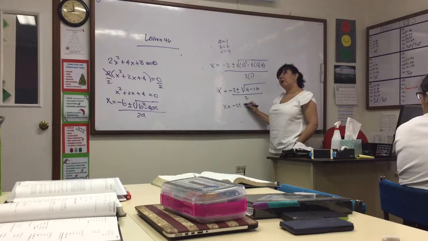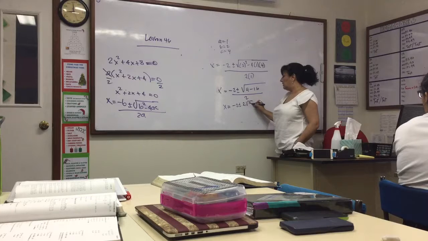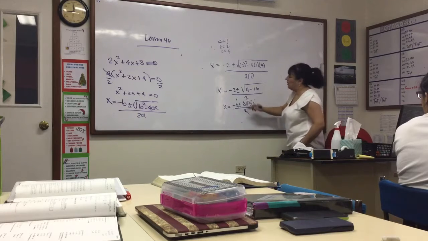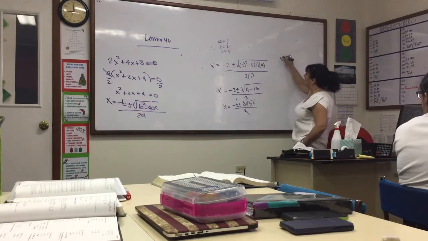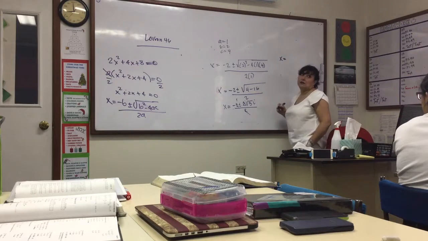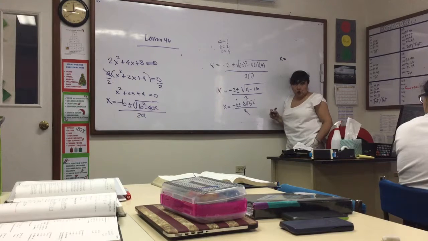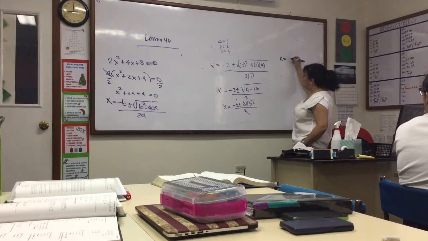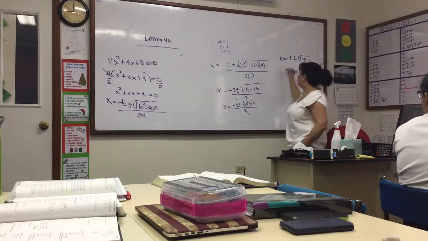Negative 12 would be 2 square root of 3 i, over 2. Now I can cross out both 2's, because I can factor out a 2, and 2 divided by 2 is 1. So I've got negative 1 plus minus square root of 3 i. That's it, and that's my answer.